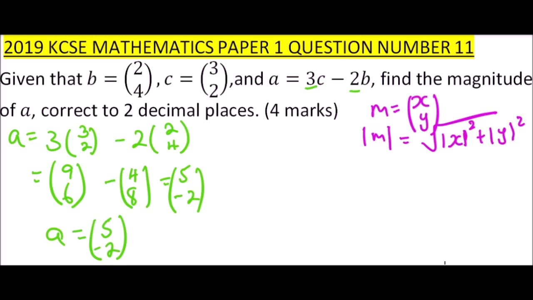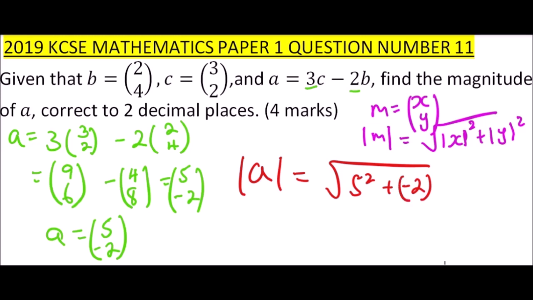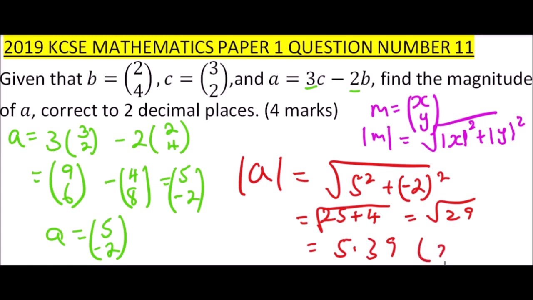So the magnitude of A is equals to the square root of 5 squared plus minus 2 into bracket squared, and when you square this, this will give you 25 plus 4, that is the square root of 29, and using your calculator, the square root of 29 is 5.39, and this is to 2 decimal places. So that's how you work out that question.